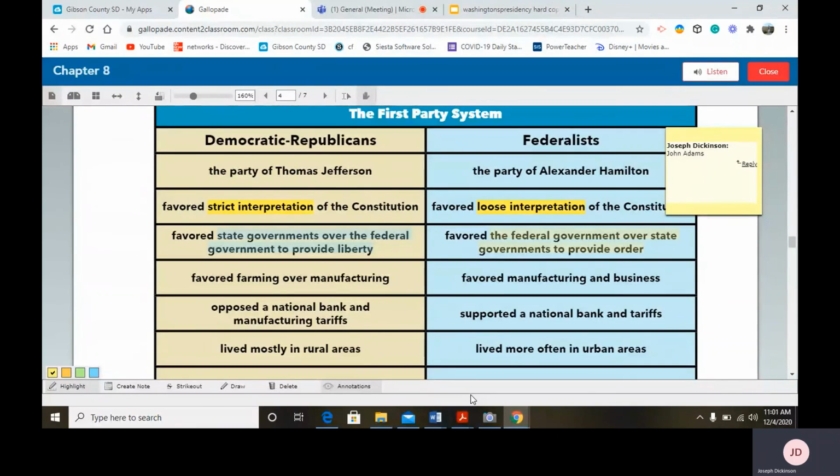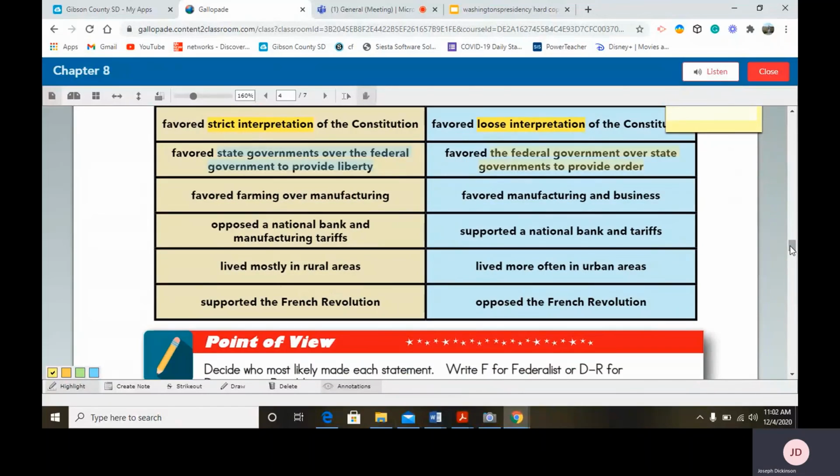The Democratic Republicans favor farming, and Federalists favor manufacturing, like factories. And then the Democratic Republicans oppose the National Bank, and the Federalists support the National Bank. Think of farmers today living in rural areas and Federalists living in the city.